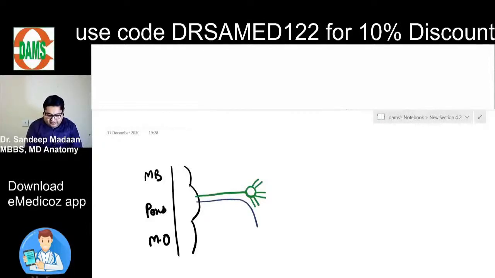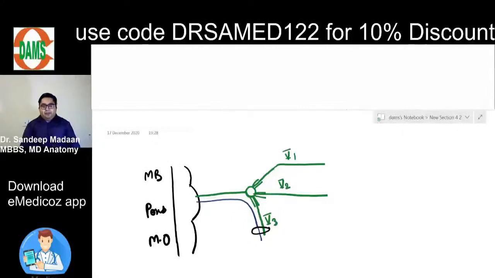So we have this ophthalmic branch coming from here. This is ophthalmic V1. This is V2. And this is V3. Now these two are actually going to make the trunk of the mandibular nerve. This is the motor root.